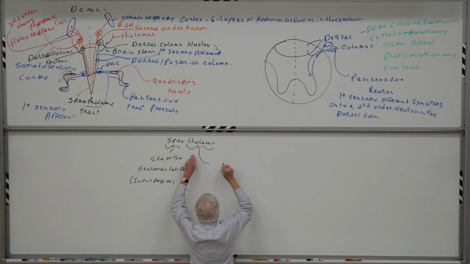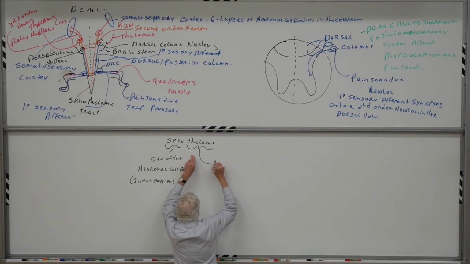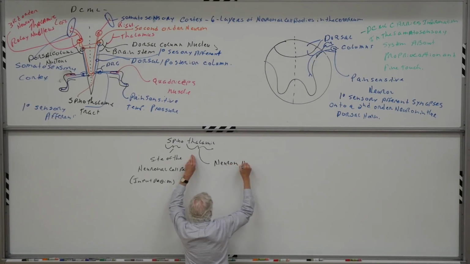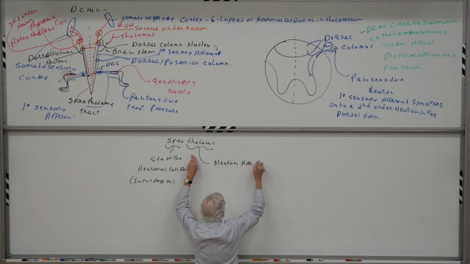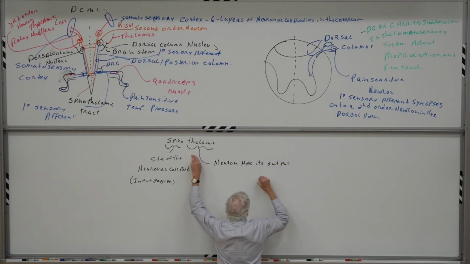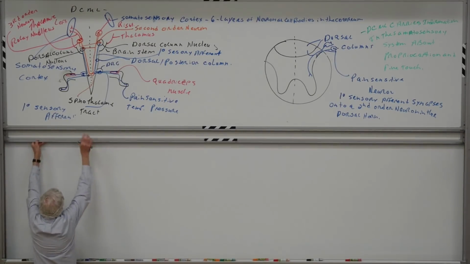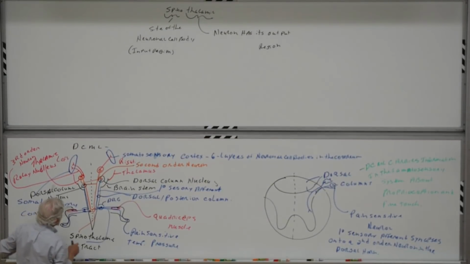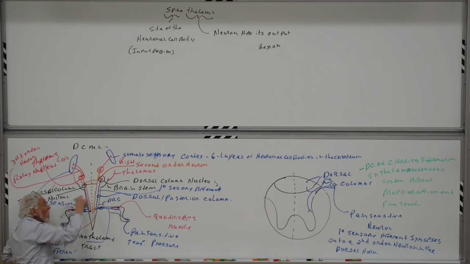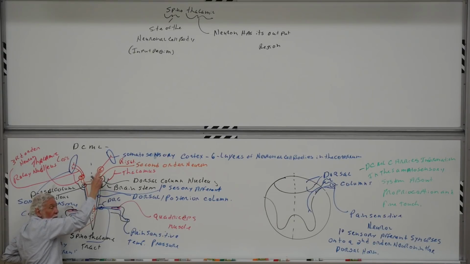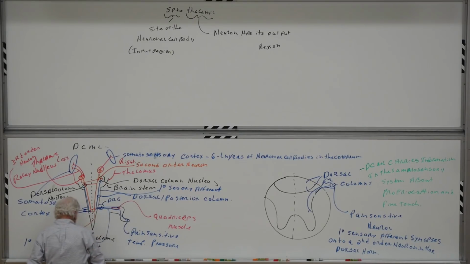This part of the word, thalamic, tells you where the neuron has its output region. So we now have this so-called spinothalamic tract. It's spinothalamic because its cell body is in the spinal cord, and it has its output region in the thalamus. But from there on, the pattern is the same, and then again, we have the red third-order neuron going to the somatosensory cortex.